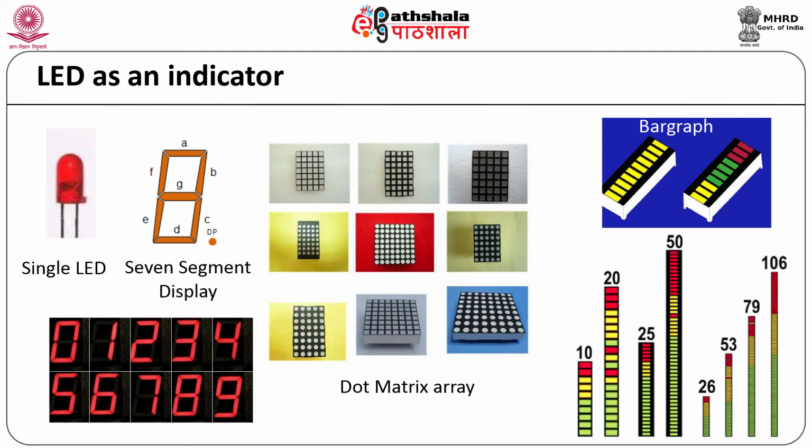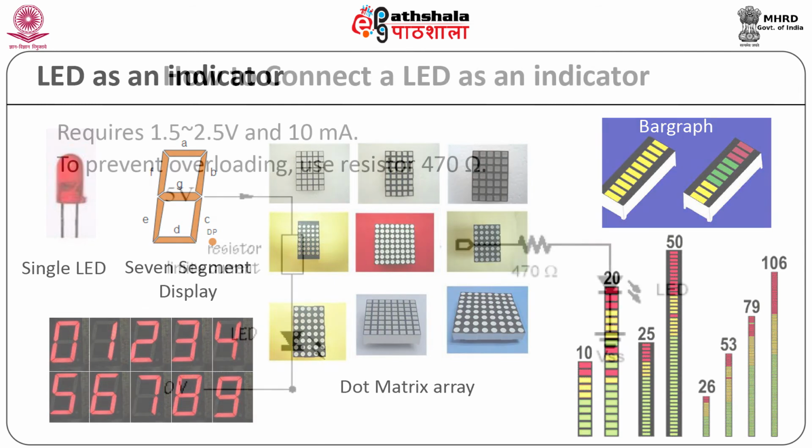Here you can see applications, areas of bar graphs. You can see different bar graphs, first with 10 LEDs, 20 LEDs, 25 LEDs, 50 LEDs and so on. Using such different number of LEDs, the LEDs can be used for graphic displays.